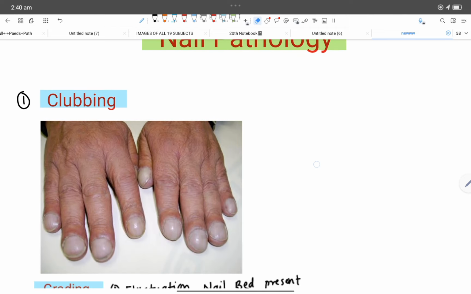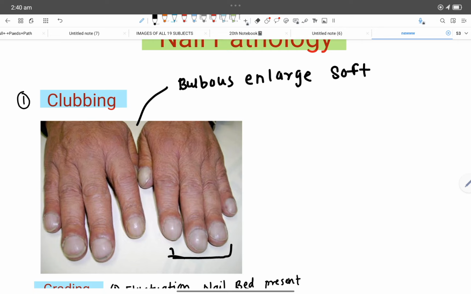First is clubbing. This is clubbing. Clubbing is a bulbous enlargement of soft tissue of the terminal phalanges, and it increases the curvature of the nail.